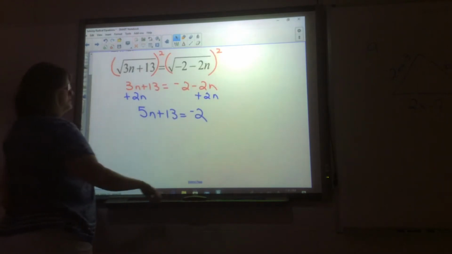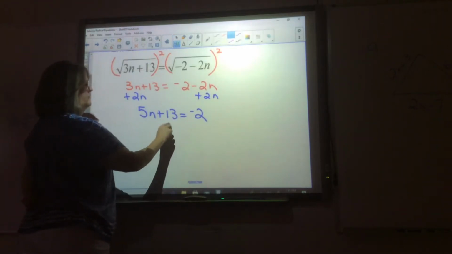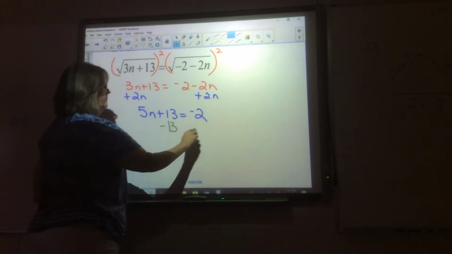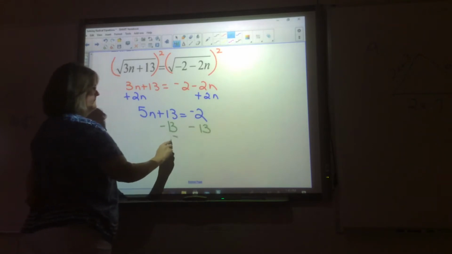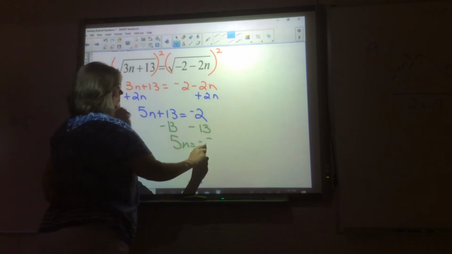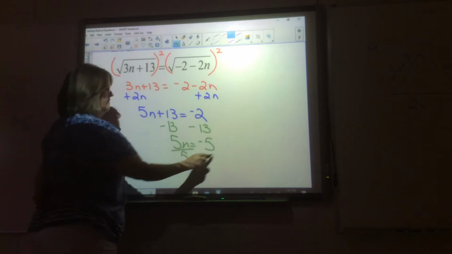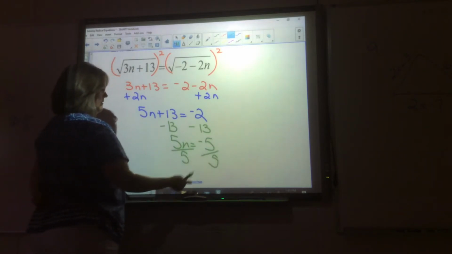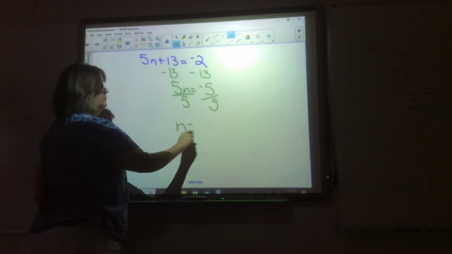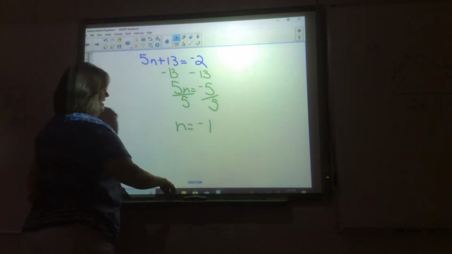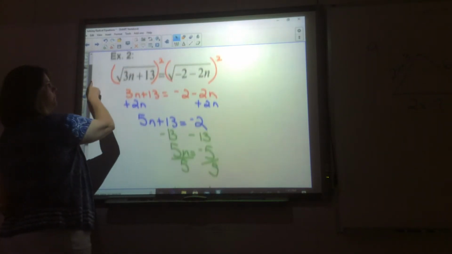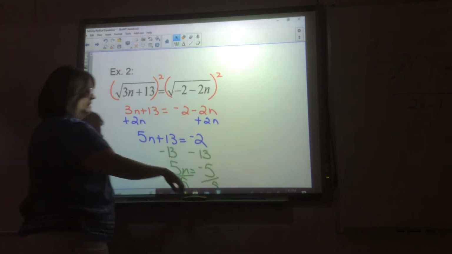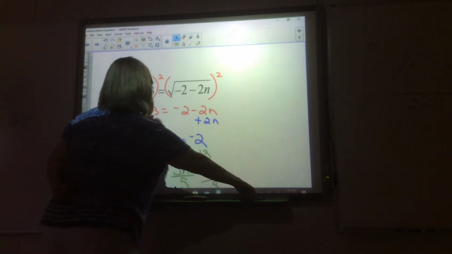Then we want to bring 13 over. Divide by 5. And n is equal to negative 1. Now we want to check that and see if indeed the answer works.